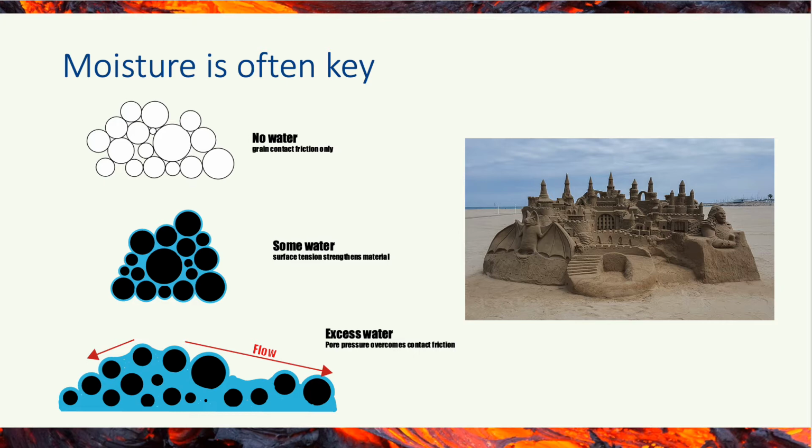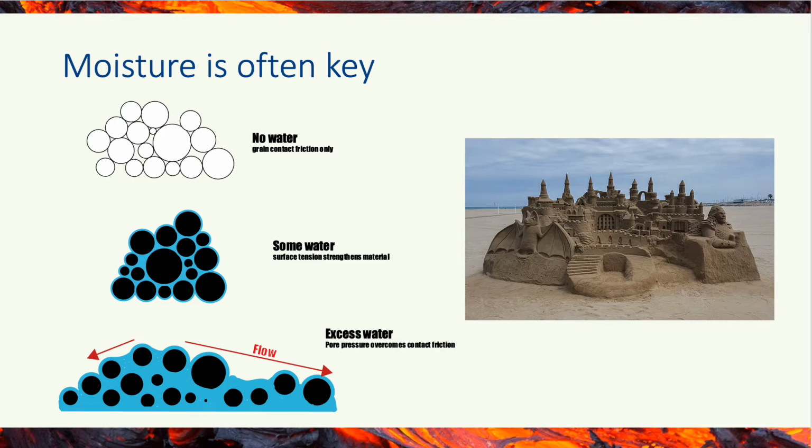often moisture. We have some diagrams here showing the different systems that grains in a solid undergo depending on the water condition. Without water, all you're relying on is the weight of particles upon each other, and as a result, the contact friction between those grains is the controlling factor.